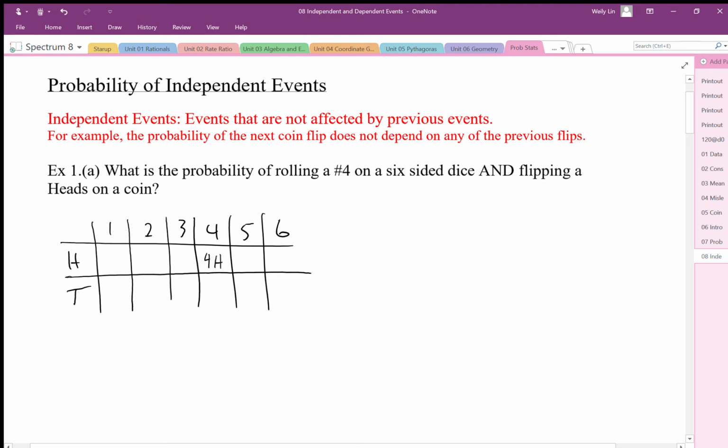Okay, so this is one event out of a possible 1, 2, 3, 4, 5, 6, 7, 8, 9, 10, 11, 12. So the probability of 4 and heads is going to be 1 out of 12.